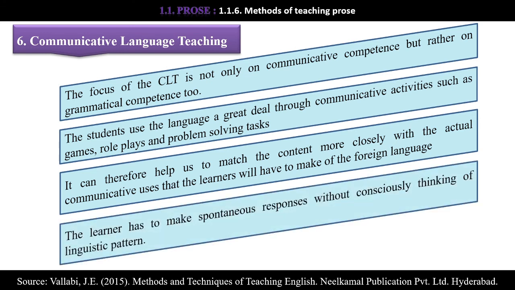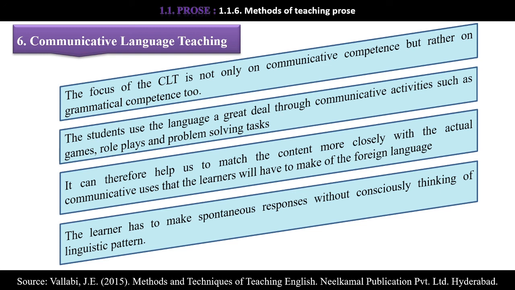The learner has to make spontaneous responses without consciously thinking of linguistic patterns. So he is not thinking of linguistic patterns, but he is going to respond spontaneously. Whatever he thinks, he is going to respond. Generally, when we use the grammar translation method, the student thinks in Marathi, translates into English and gives the responses.